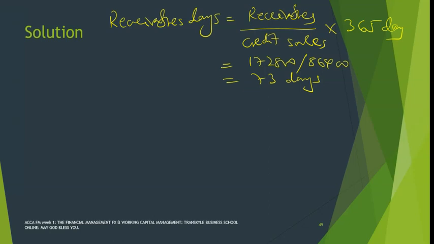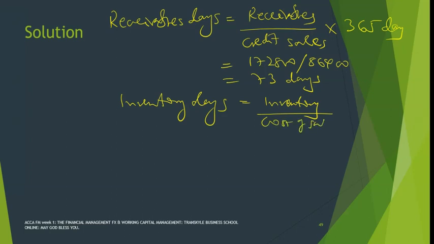We move on to the inventory days. Inventory days is given by inventory value over the cost of sales, multiplied by 365 days.